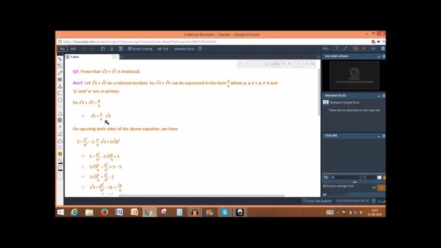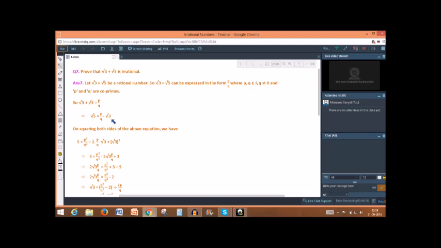Now we are squaring both the sides of the equal to sign, that is we are squaring the whole equation. So root 5 whole square gives us a plain 5. Now coming to the right hand side of the equal to sign. It will be p by q minus root 3 whole square. Now what will that be equal to?